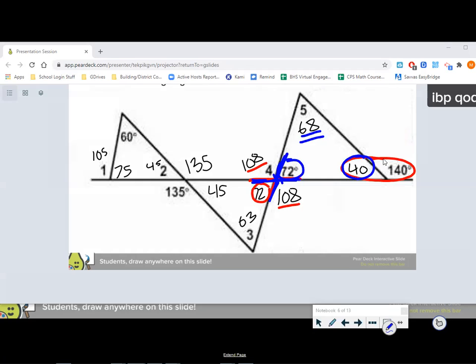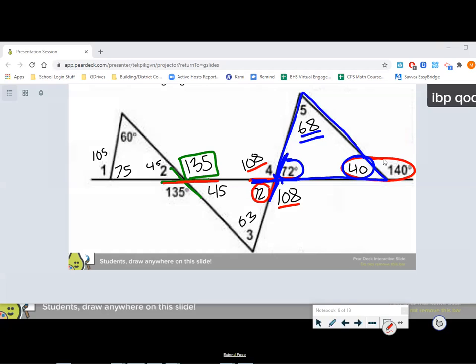Yeah, what relationship to find 68? I would say TST. Yeah, triangle sum definitely would apply there. It looks like there's some repeated reasoning on this side. So vertical angles would have got 135.